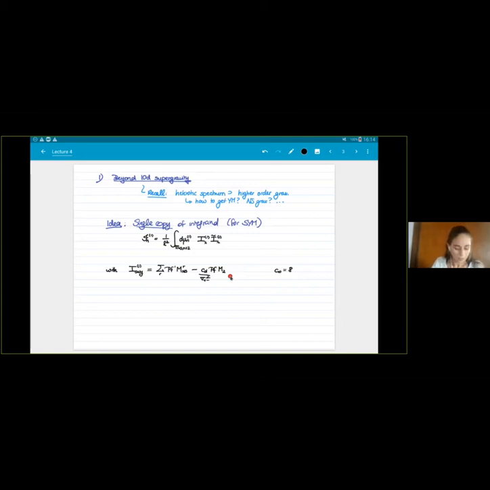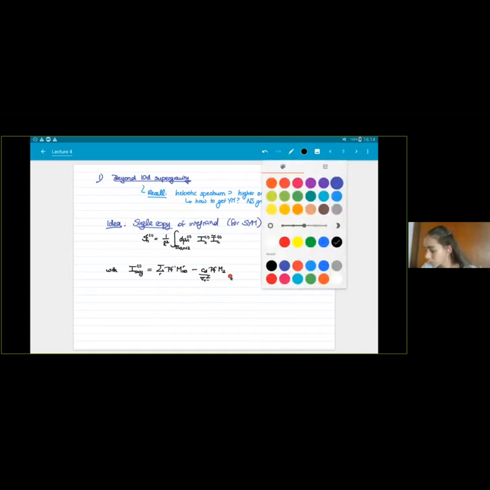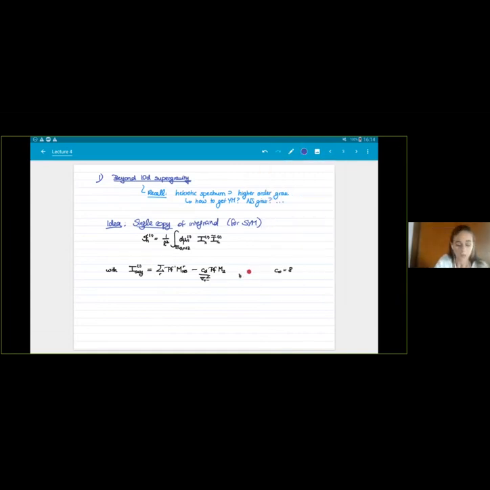Now, the first thing we can notice is that it seems really straightforward to decompose this into two bits. In particular, we can decompose it into a part that I'm going to call I_NS^1, which will just contain all NS states running in the loop.